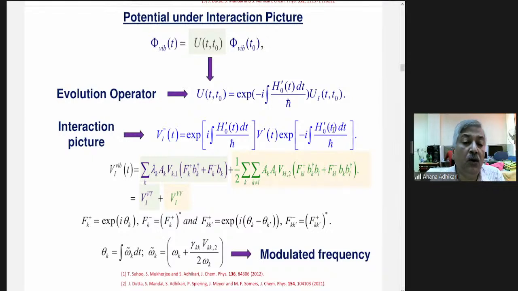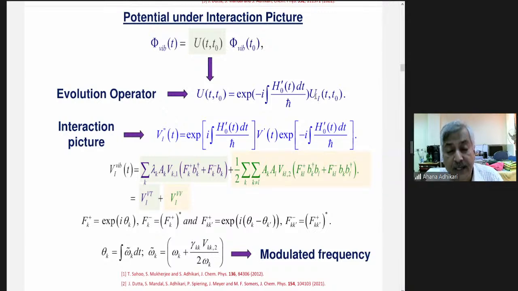And then you can write the time dependent wave function for the surface mode in terms of the evolution operator, where the evolution operator can be written in terms of the zeroth order Hamiltonian, and then the evolution operator in the interaction picture.